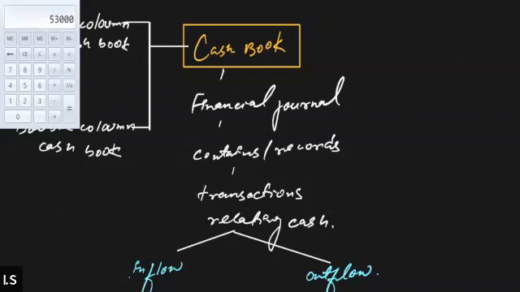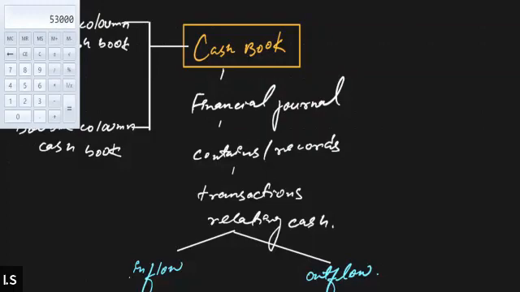Single column cash book is also known as simple cash book, and double column is also called two column cash book. What is the special feature of single column cash book is that it records only cash transactions. But the characteristic of double column cash book is that it records the transactions relating to cash, and it also records the transactions relating to bank.